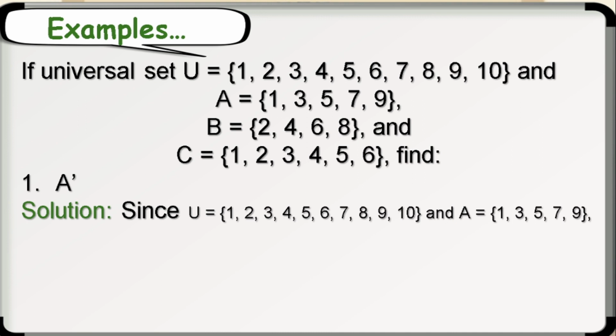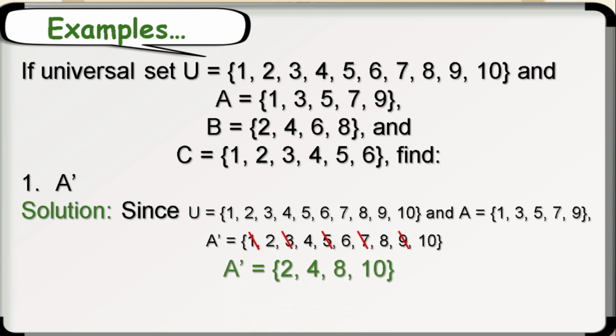So since U is 1, 2, 3, 4, 5, 6, 7, 8, 9, 10, and A is 1, 3, 5, 7, 9, just remove all elements of set A that are in the universal set U. Therefore, we will eliminate 1, 3, 5, 7, and 9. And that leaves us the complement of set A to be 2, 4, 6, 8, and 10.